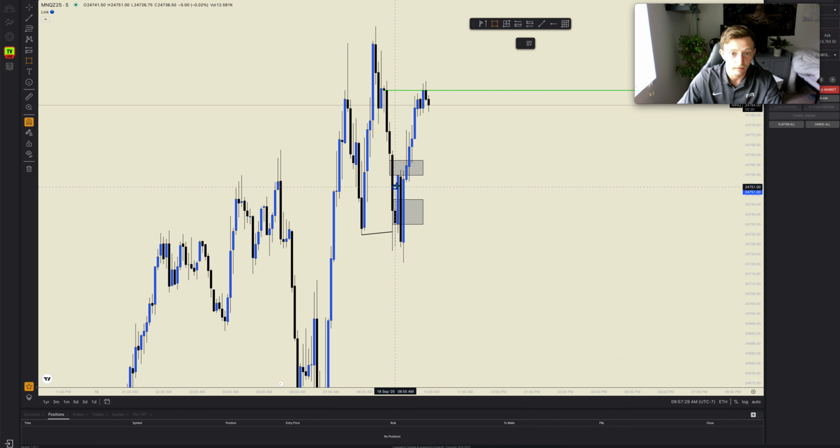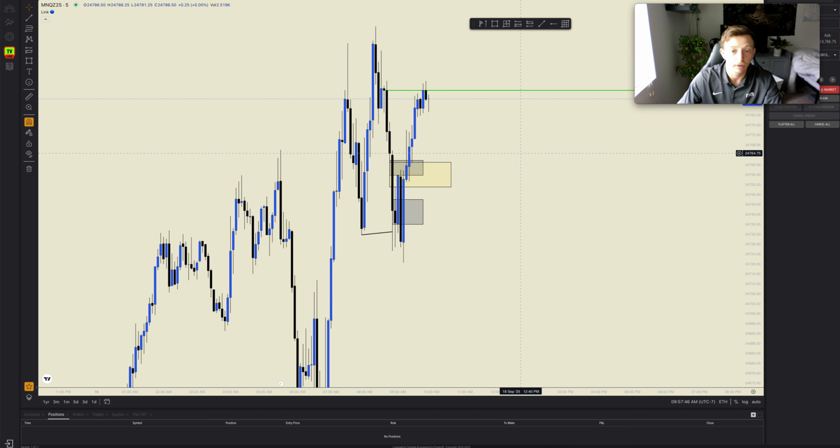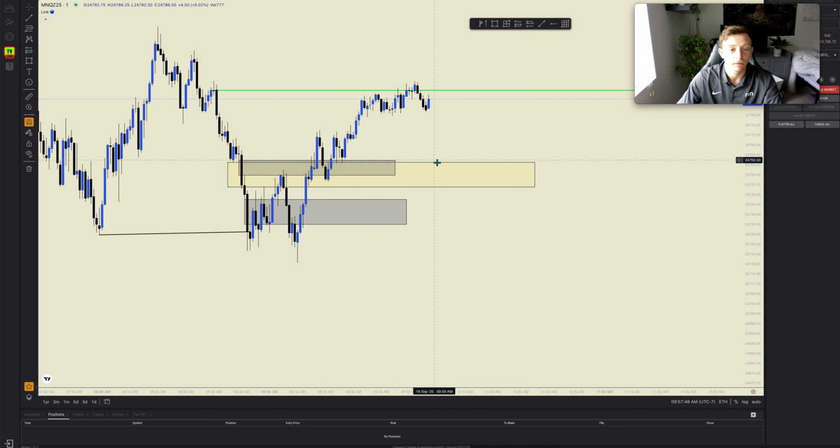So what I did was I had the 5 minute gap, I'll just make it yellow. So we have the 5 minute gap, the two 1 minute gaps, and I was down on the lower time frame. I was on the 1 minute.